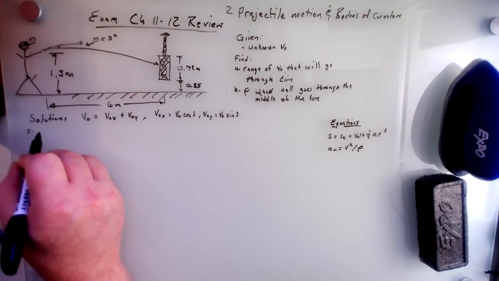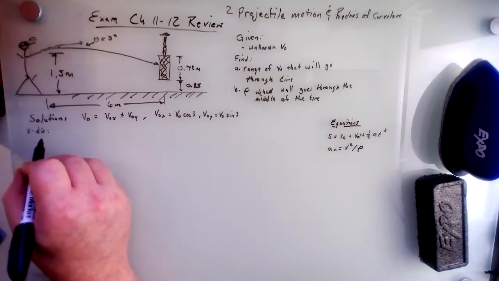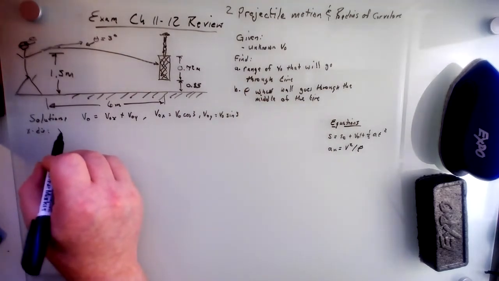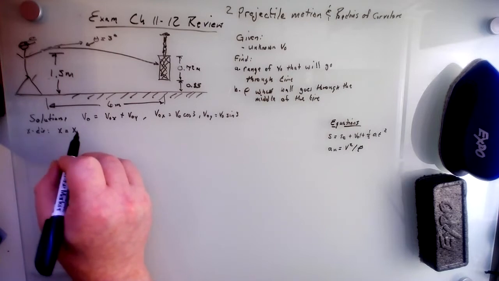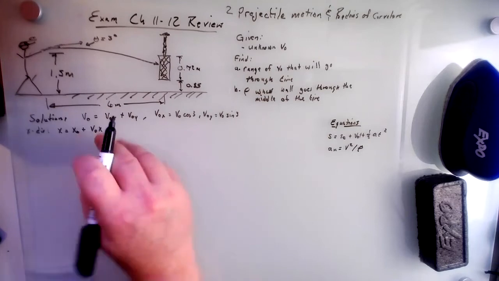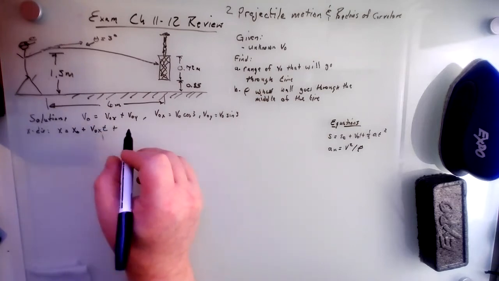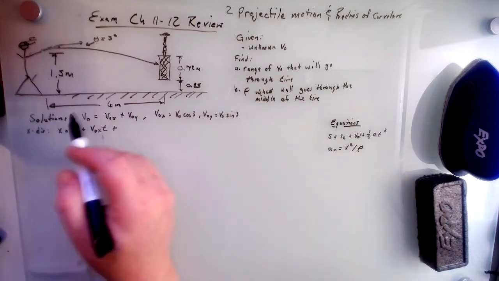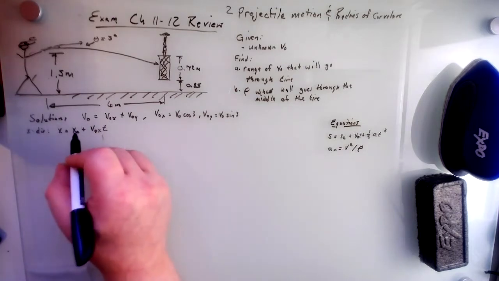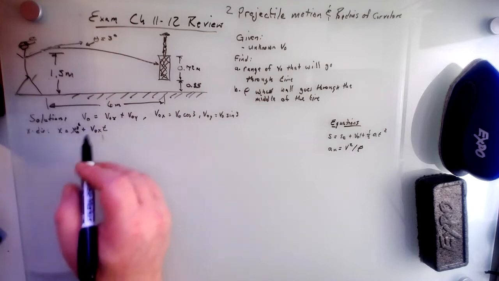So we'll say the x direction. Instead of s, I'm just going to use x. So x equals x naught plus v naught x t, plus the acceleration component, but it's the x direction, so I'm just going to leave that off because it's 0. The initial starting position is also 0 because we're going from 0 to 6.